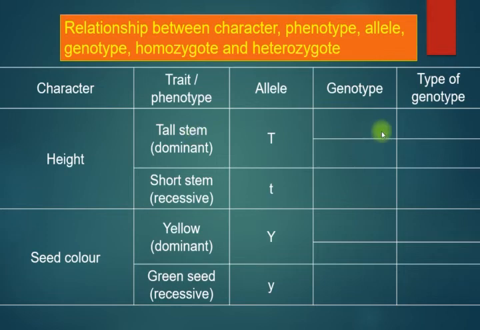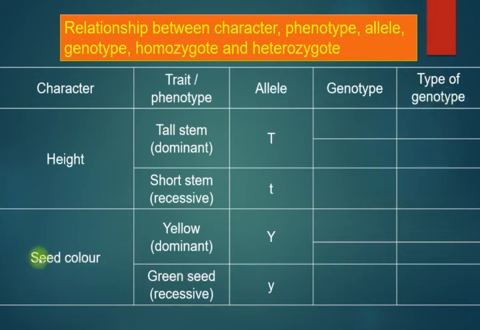There are two genotypes for the tall stem. Can you find out the answer? And then here is the genotype of the short trait. Please fill up the type of the genotype.